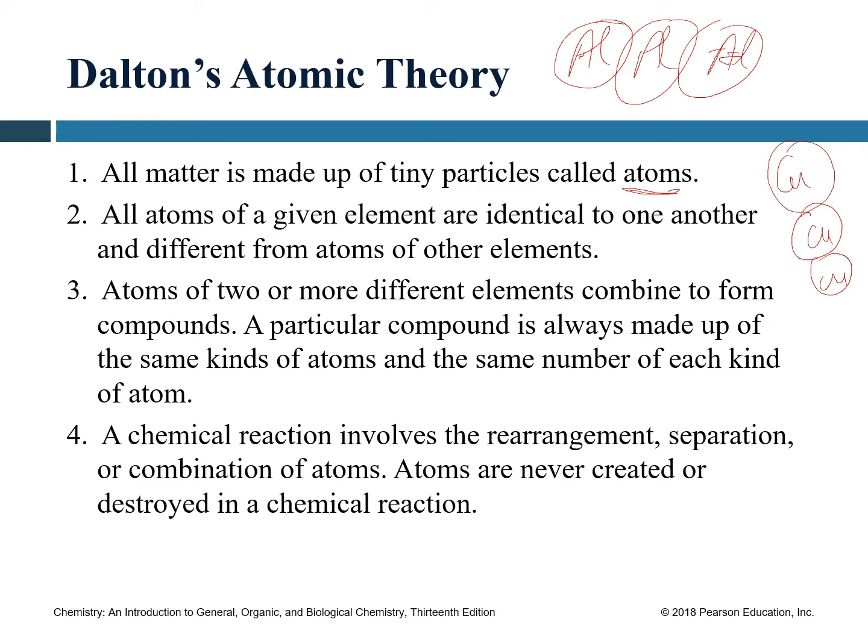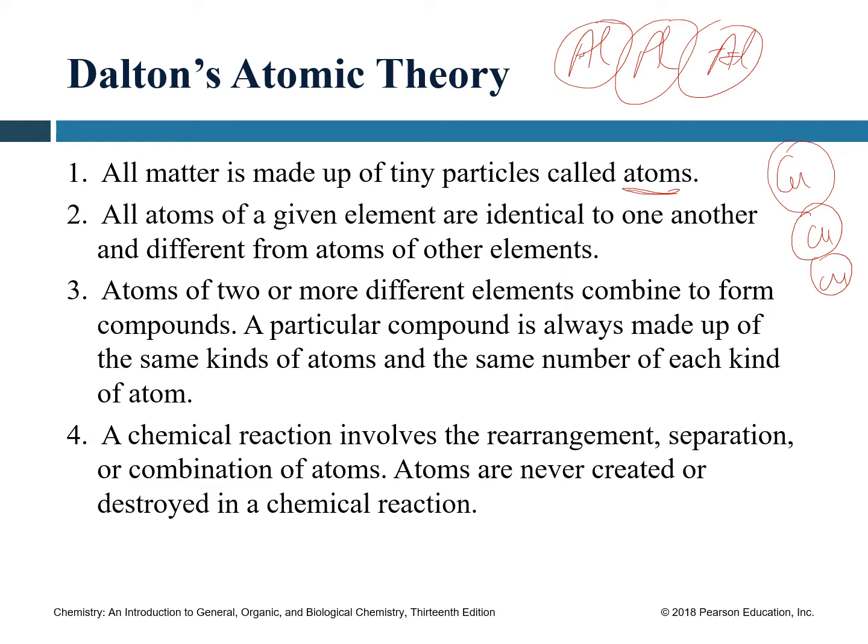Next, according to this theory, atoms of two or more different elements combine to form compounds. And a particular compound is always made up of the same kinds of atoms and the same number of each kind of atom. This is very similar to the definition of a compound that we saw previously in the previous chapter, right?